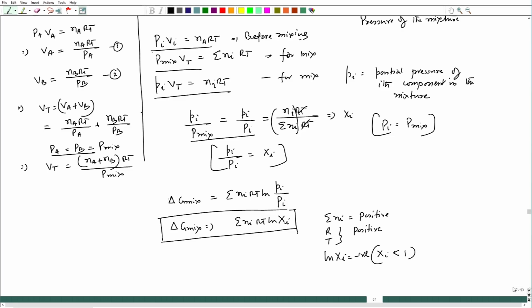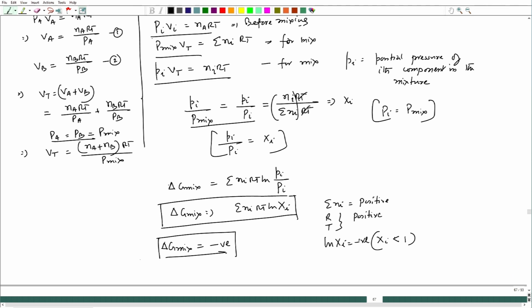It means that delta G mix should be negative. Physically it means that mixing of ideal gases is a spontaneous process, okay, because free energy of mixing is negative.